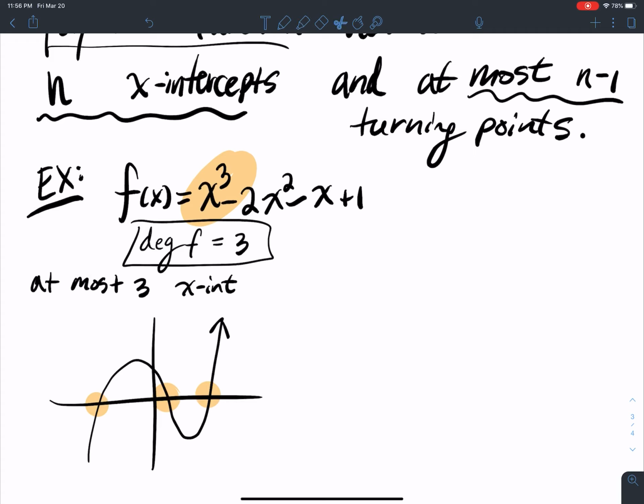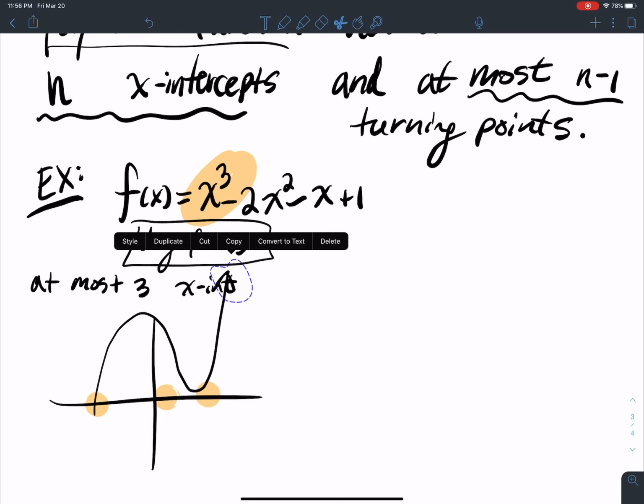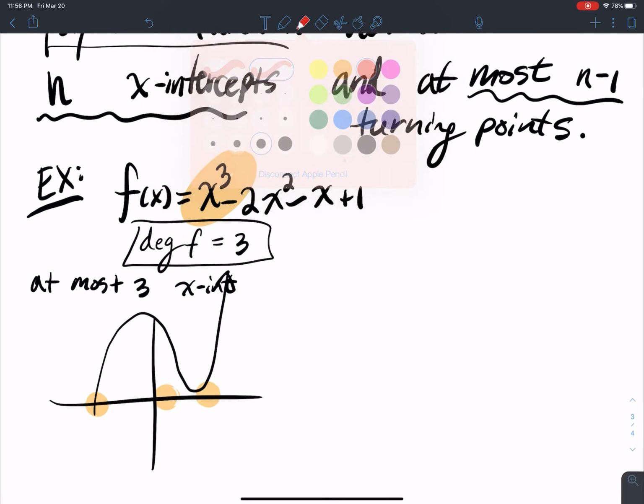Now, if this were to shift down a little bit or shift up a little bit, what would happen? I go from having 3 intercepts to just 1 intercept, right? So it is possible to have 1 x-intercept, okay?